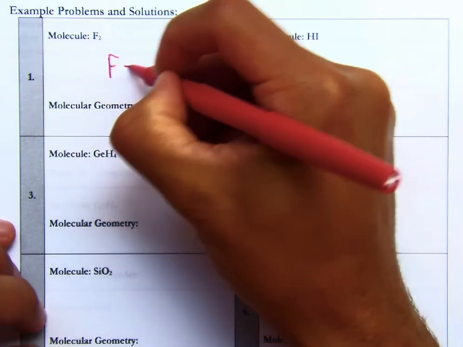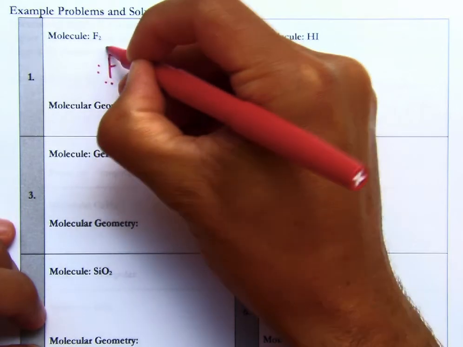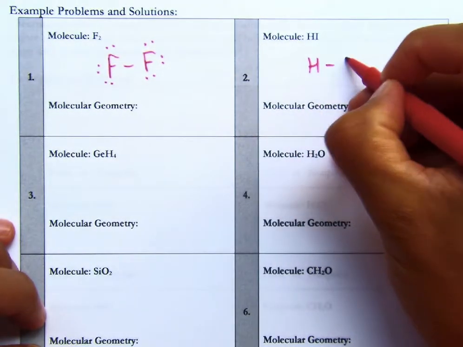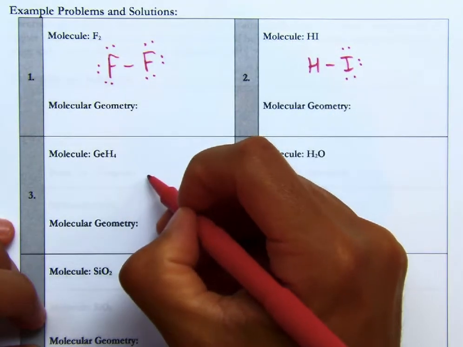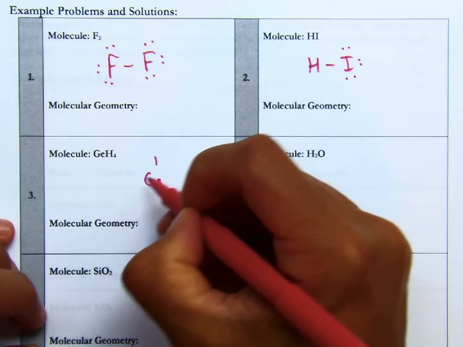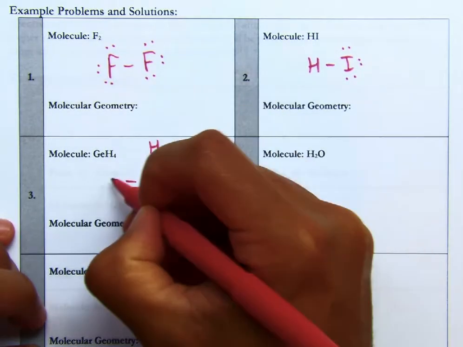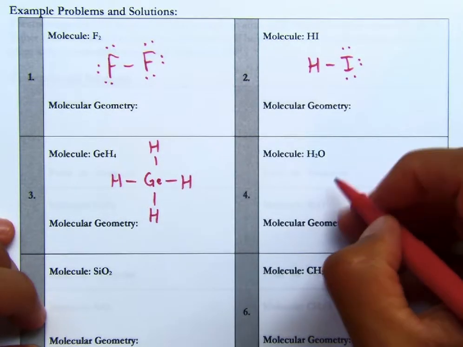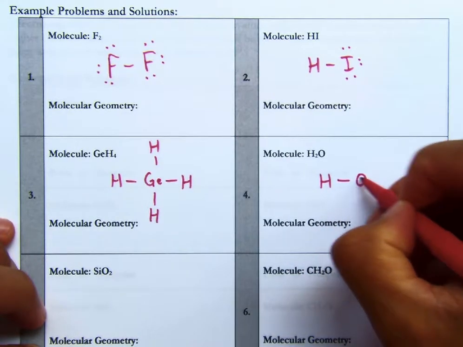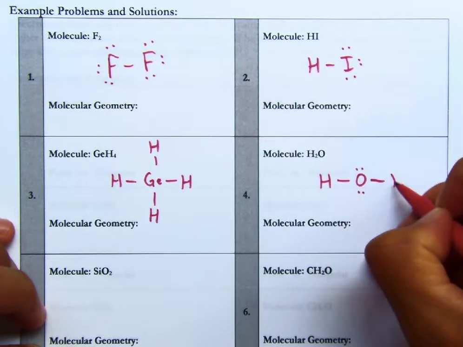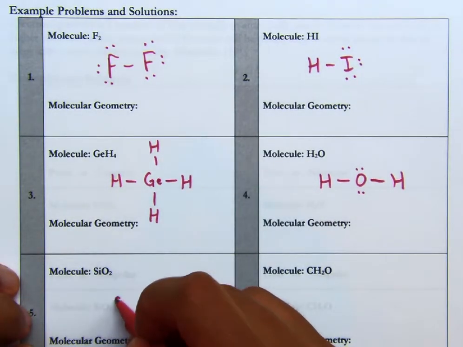Okay, we have F bonded to F with lone pairs around it. We have H bonded to I, which has lone pairs around it. We have GE, which is bonded to 4 H's. And we have H2O. I'll write these as well.